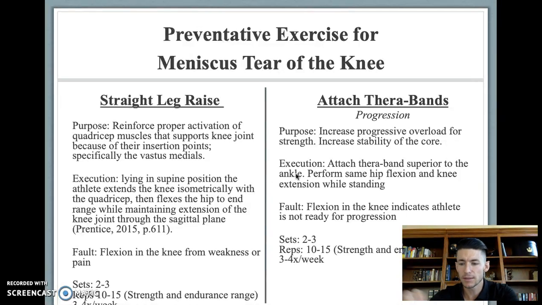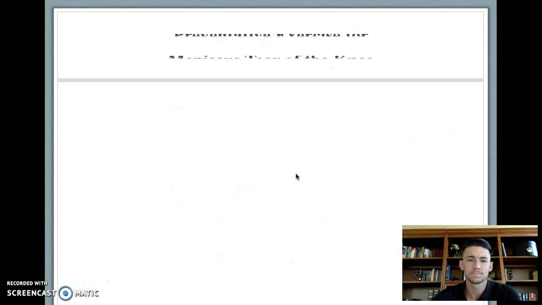Again, 2 to 3 sets for proper activation of your quadricep are adequate at that 10 to 15 rep range, which will help build that strength and muscular endurance around 3 to 4 times out of the week.